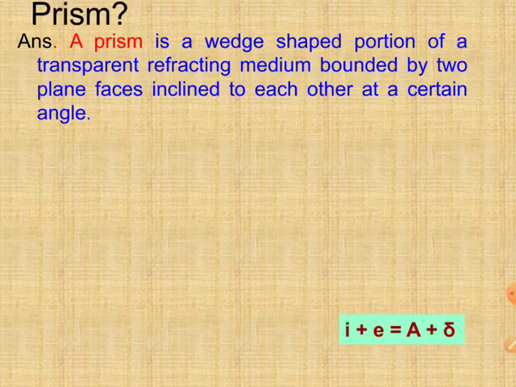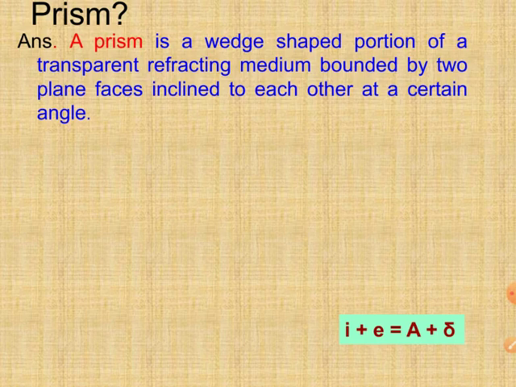But my dear, I'm not saying that it is bounded by all those surfaces, I'm telling you only two plane surfaces. If a transparent medium has only two plane surfaces inclined to each other making an angle, then that type of transparent medium we call a prism.